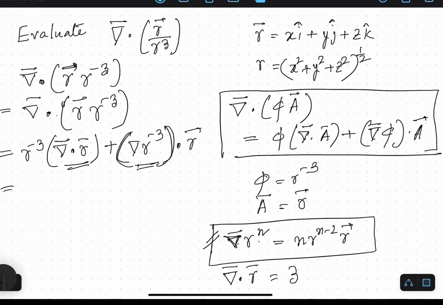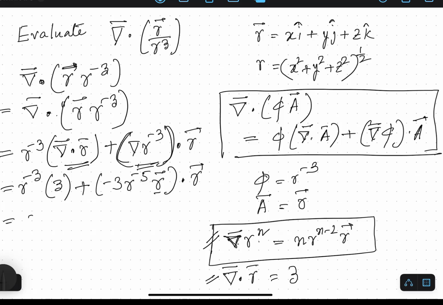So what I have is r to the power of minus 3 times divergence of r, which is 3, plus, using this identity, minus 3 r to the power of minus 5 r vector dot r. When this r goes outside the bracket, it becomes r dot r, which is r square.